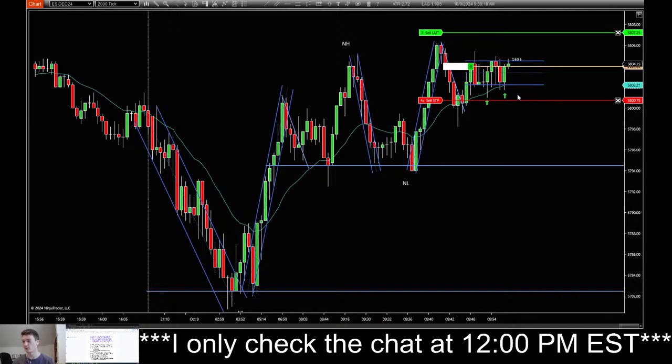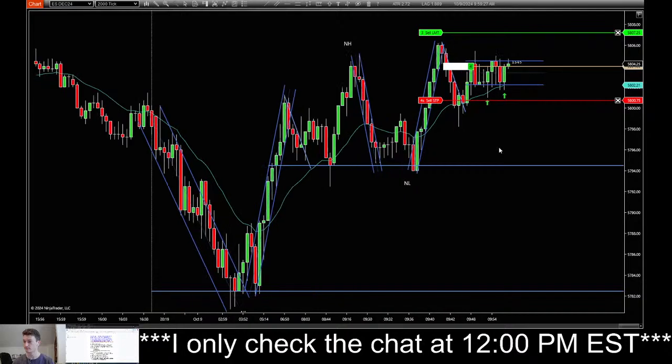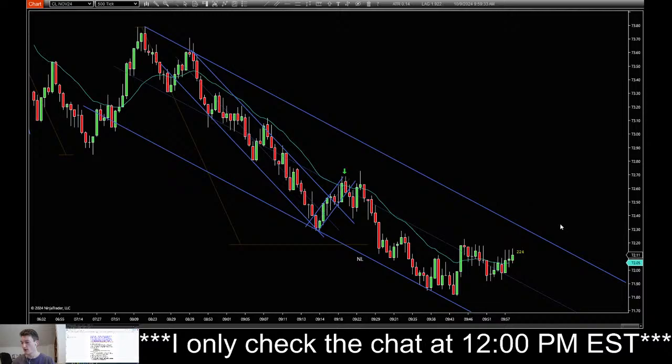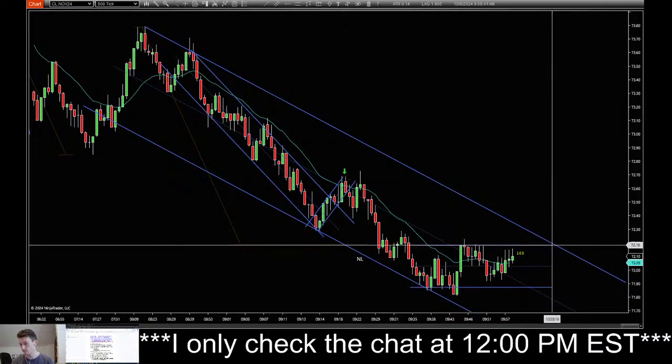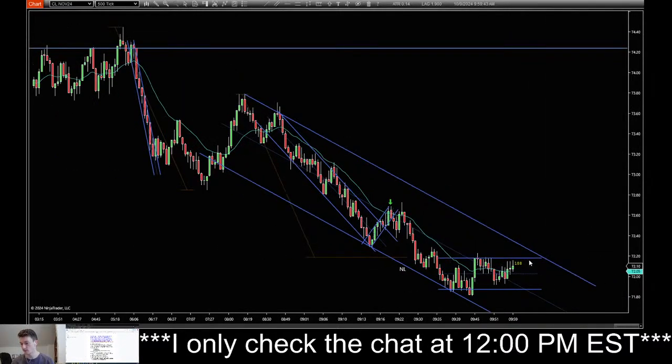I think this failure is probably better. It's also a higher low confirmation setup of the second entry. But let's see if we can go ahead up there. Looking pretty sideways on CL.